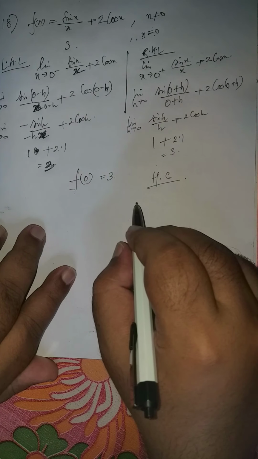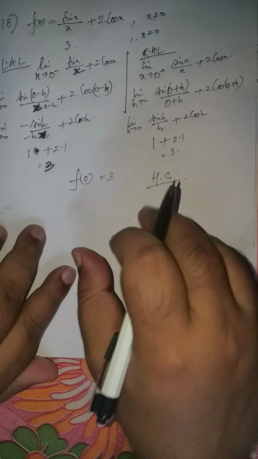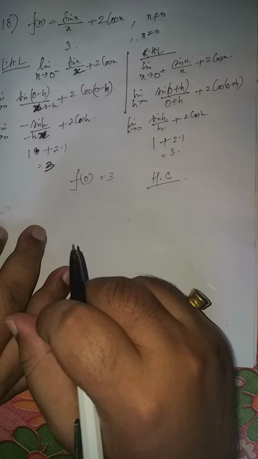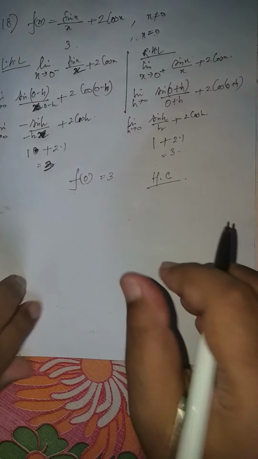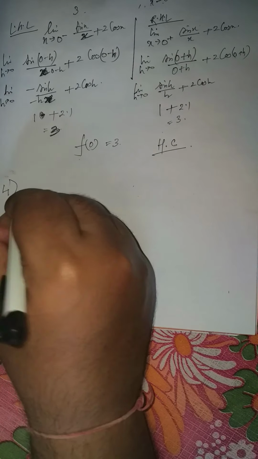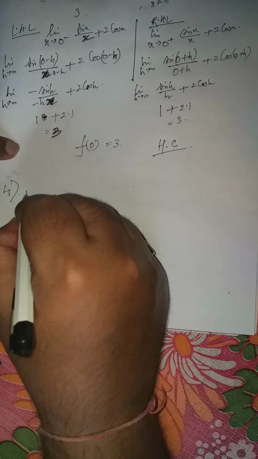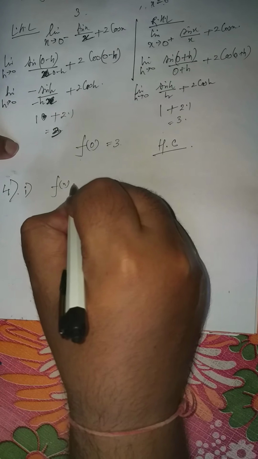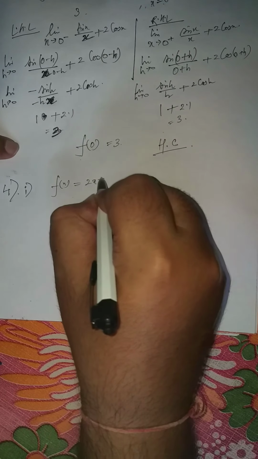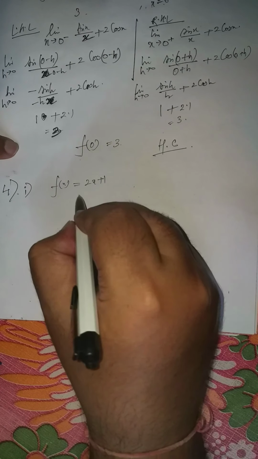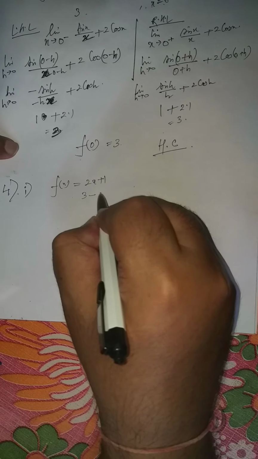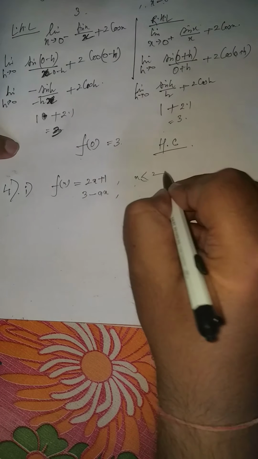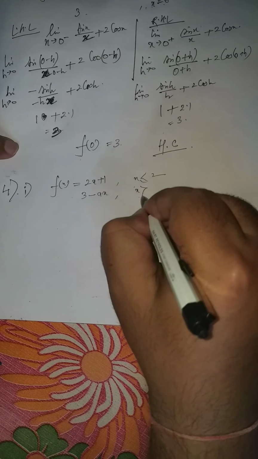Now, like this you can do. I will take some other questions. Okay, question 4, section B. f(x) is defined as 2x plus 1 and 3 minus ax, for x less than or equal to 2 and x greater than 2.